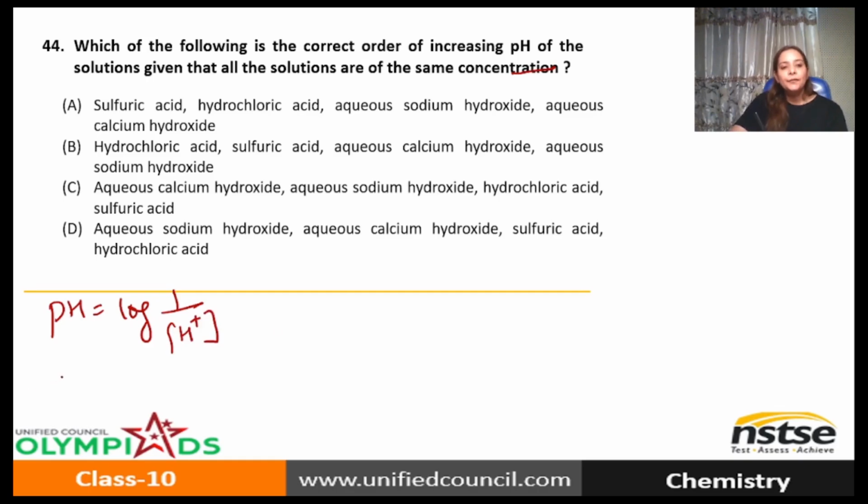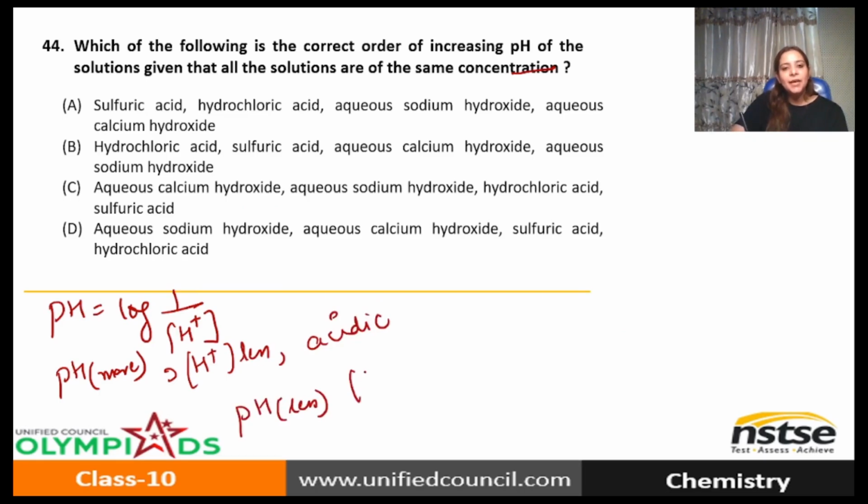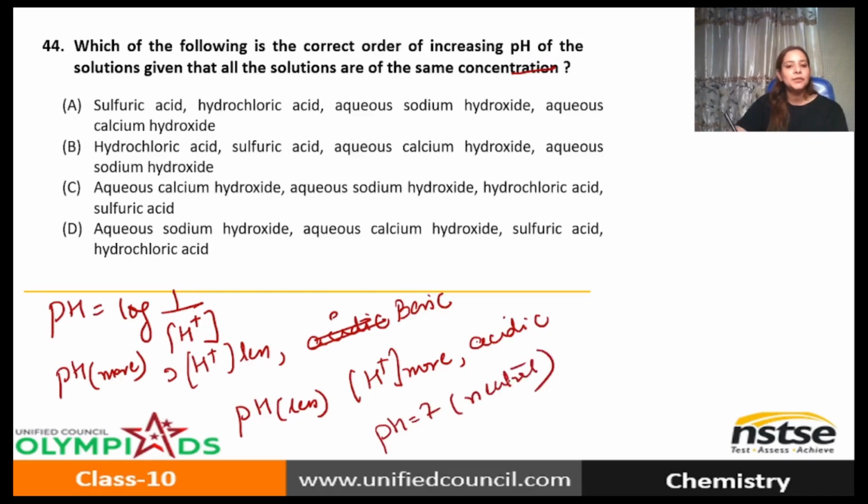If the pH value is less, that means H ion concentration would be more, so it is acidic in nature. And if the pH value is more, H ions would be less and the substance would be basic. When pH is 7, we say that it is neutral, with an equal number of H positive and OH negative.